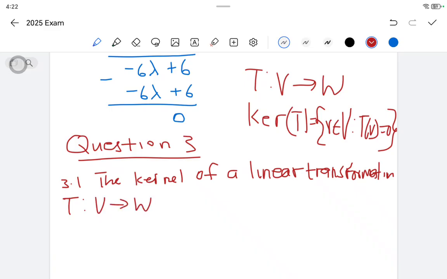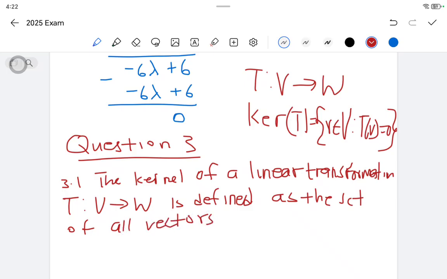It is defined as the set of all vectors v in V such that T(v) is equal to 0. And remember, this 0 is coming from the codomain.